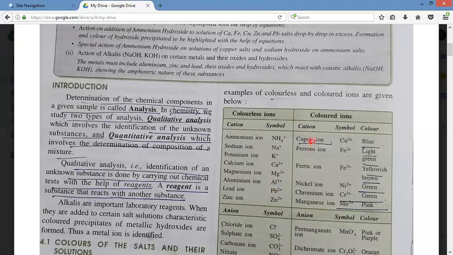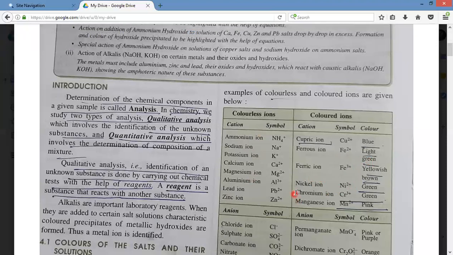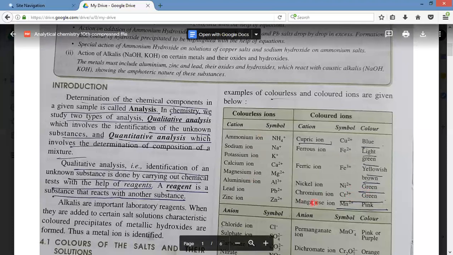Whereas cupric ion is blue in color, ferrous ion light green, ferric ion yellowish brown, nickel ion green, chromium ion green, and the manganese ion pink. These are the cations, meaning the metal ions.